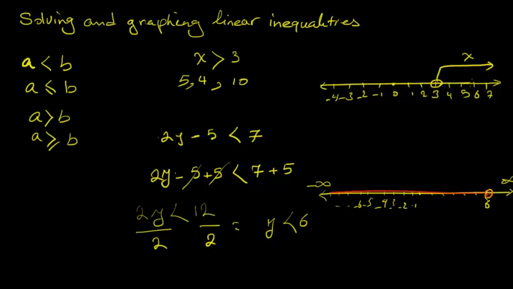Let's do one more example. Let's say we have 3x plus 1 greater than 4x minus 2. First thing, we get rid of this plus 1 by subtracting it from both sides.